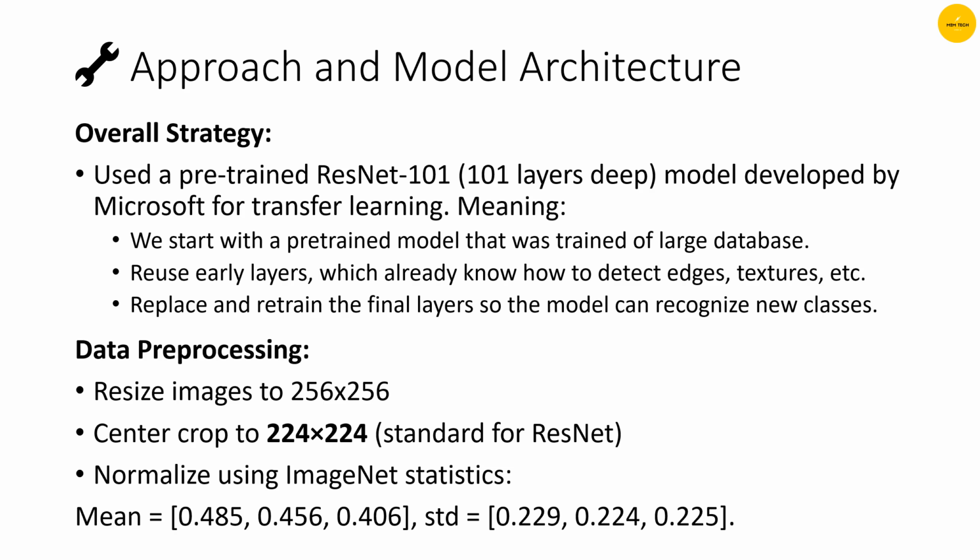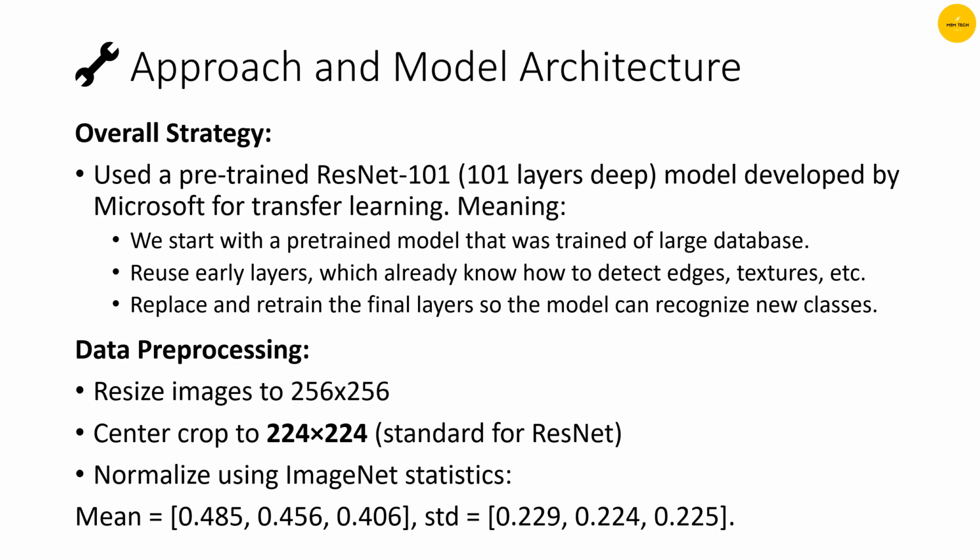Now let's discuss our approach and model architecture. For our overall strategy, we adopted a highly effective technique in deep learning called transfer learning. Specifically, we leverage a pre-trained ResNet 101 model. ResNet 101 is a very deep neural network with 101 layers originally developed by Microsoft.